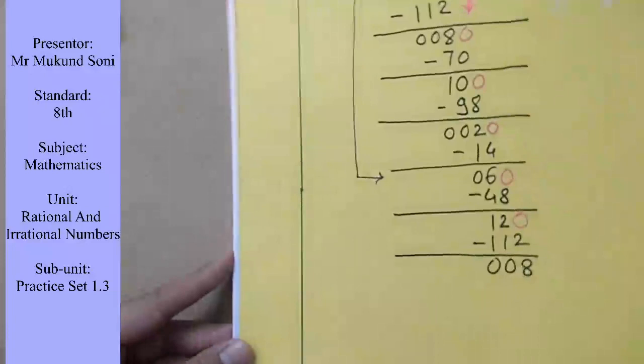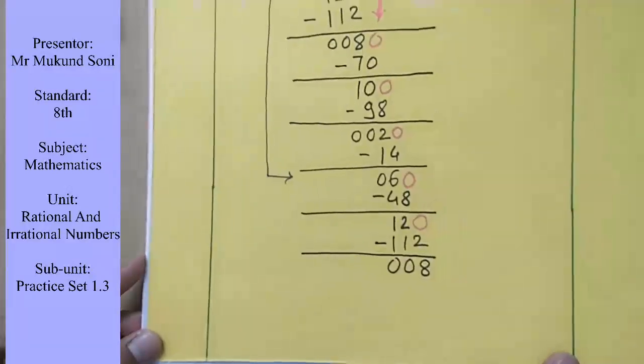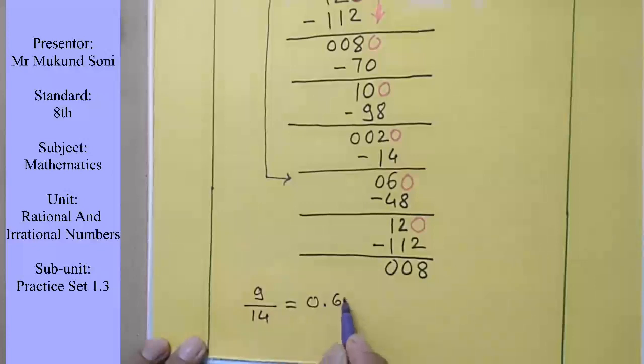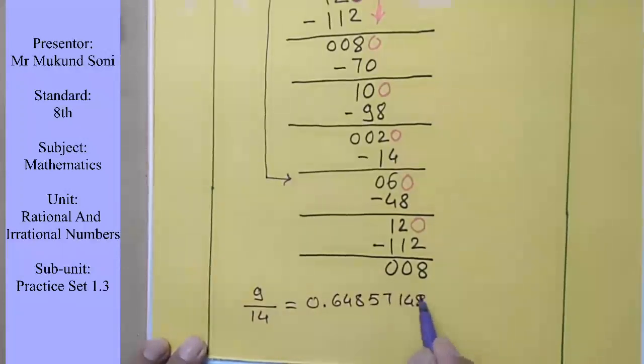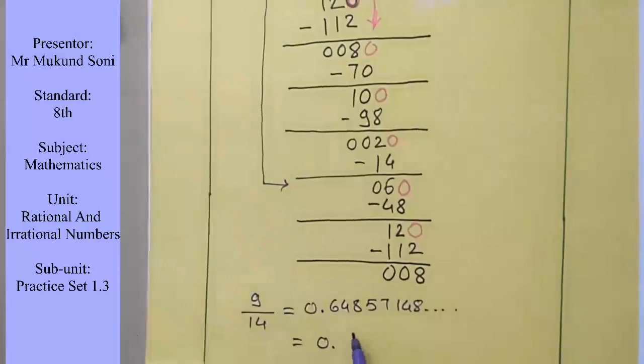So your answer will be 9 upon 14 is equals to 0.64857148, which is equals to 0.648571.